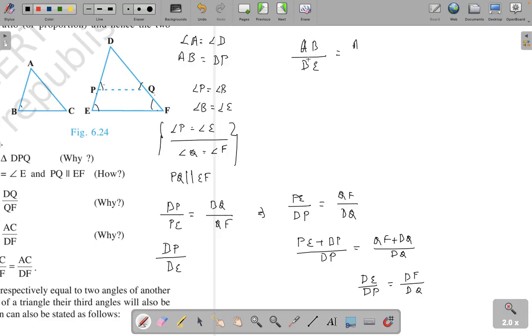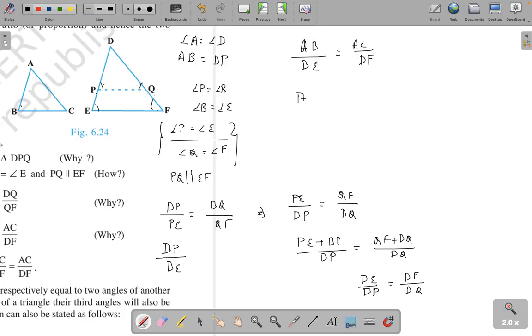So AB upon DE is equal to AC upon DF, right? Yes. So instead of AB, I should have DP. Okay.